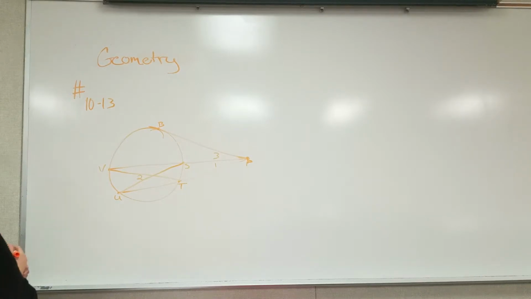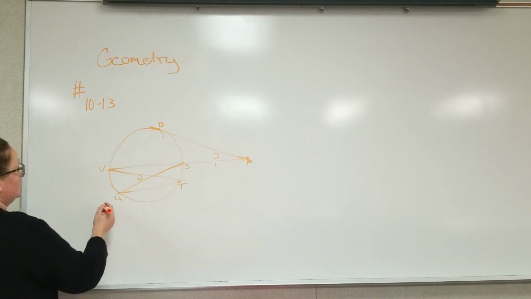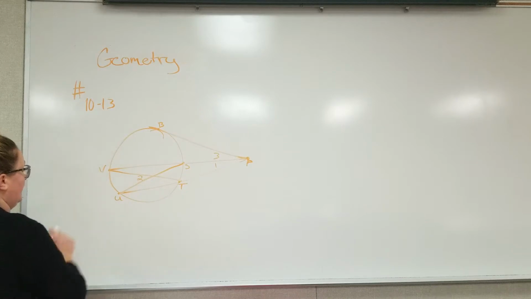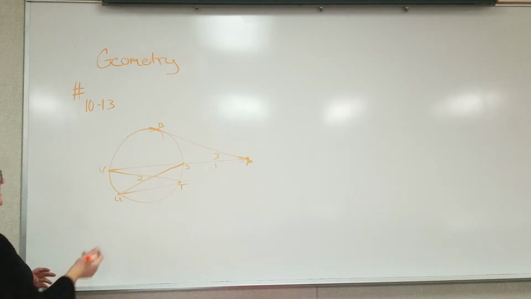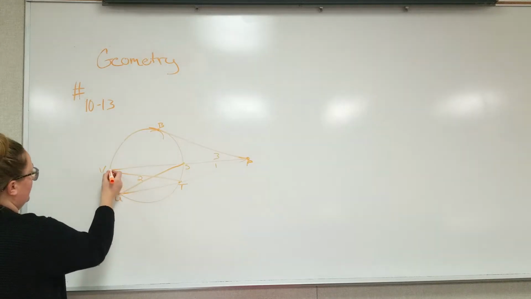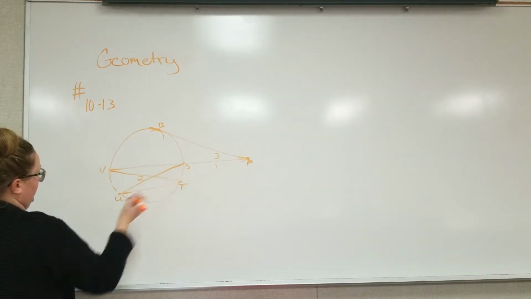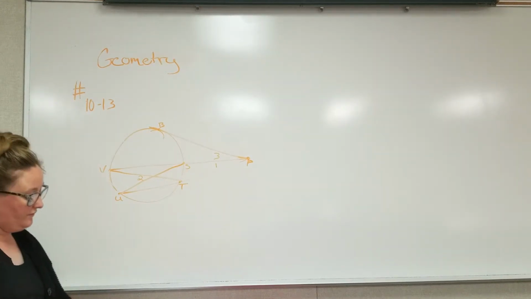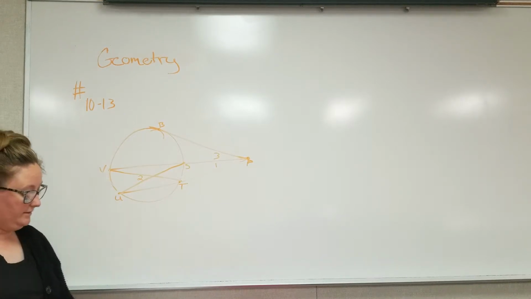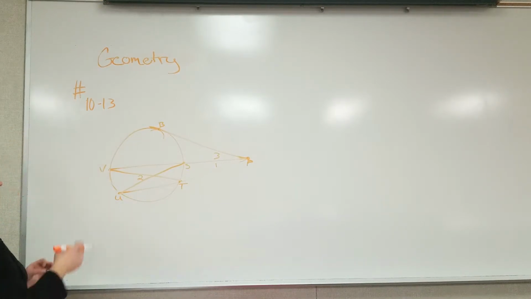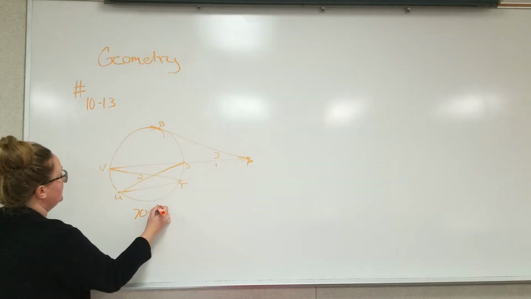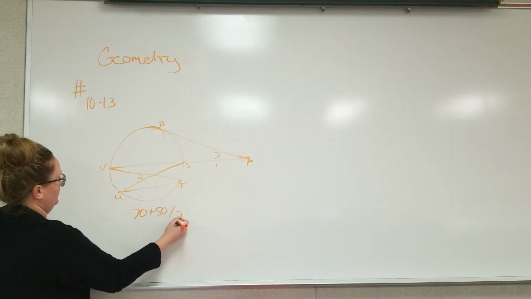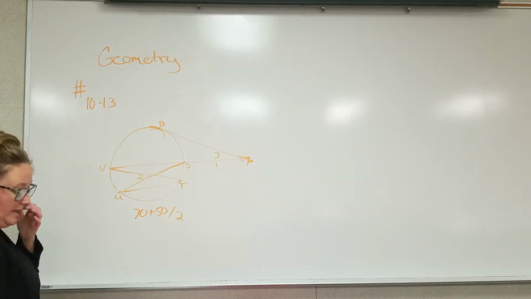An angle formed by 2 secants intersecting inside the circle, like angle 2 right there, is equal to half the sum of the intercepted arcs. So the intercepted arcs are VU and ST. They tell you VU is 70 and ST is 50. So half the sum. So just add those, 70 plus 50, and then divide it by 2, and you'll have your answer.